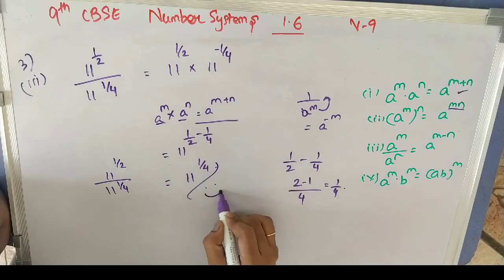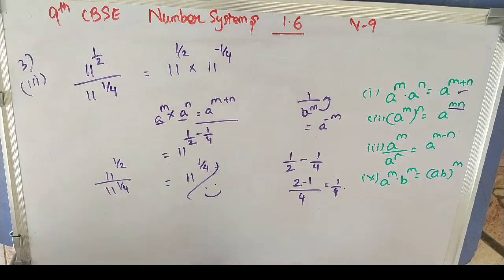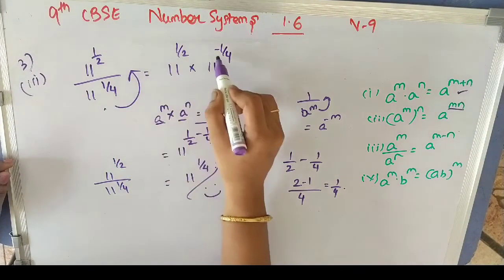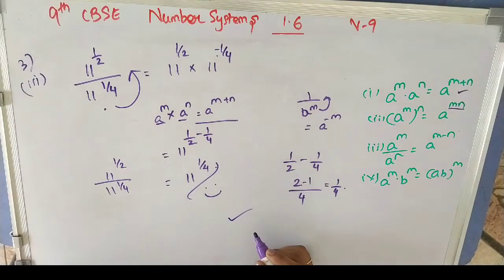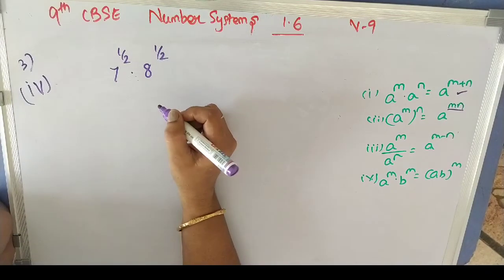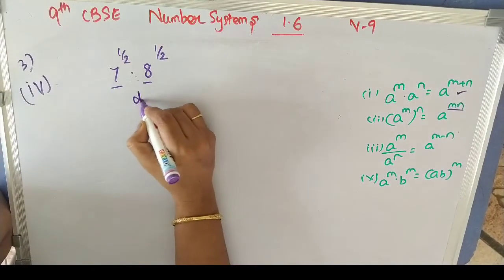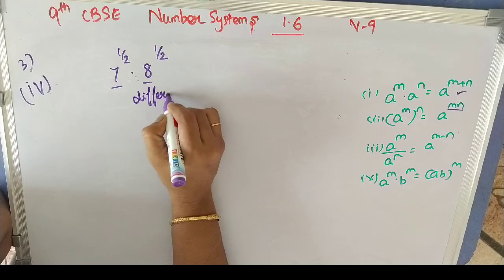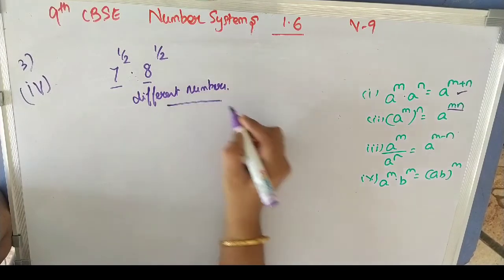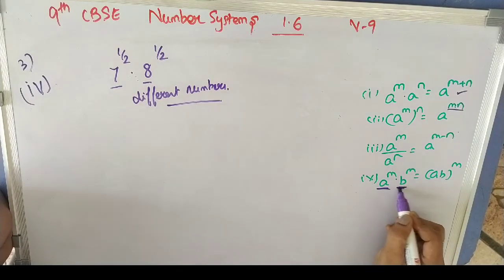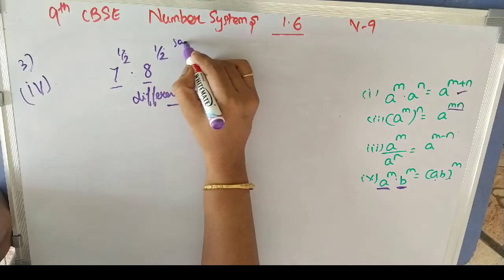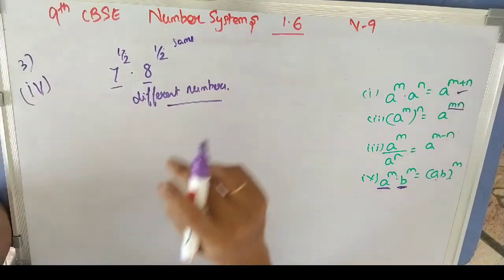Is that clear? Let me repeat again. This question looks like a power m by a power n and we are just doing a power m minus n. Now the fourth question is 7 power 1 by 2 into 8 power 1 by 2. What can you say by seeing this? The numbers are different and the powers are the same. What should we do? We should take the power as common and multiply the numbers. That is, a power m into b power m, we get a into b the whole power m.